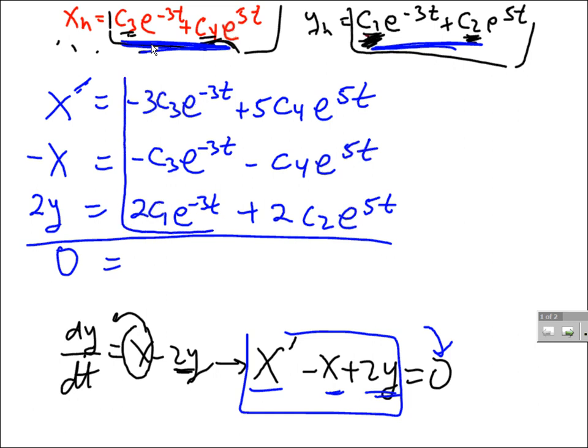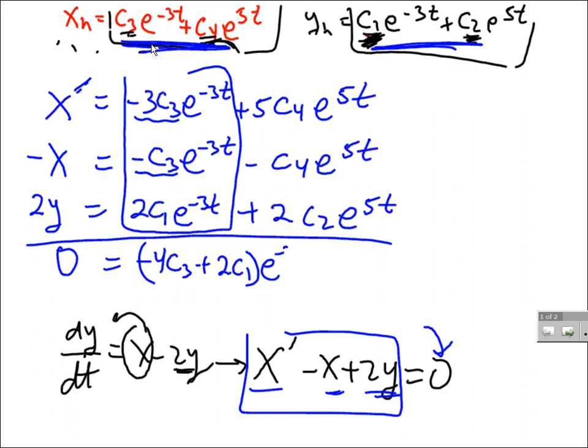Okay? Now, everything I did was real nice. That is, everything's lined up. Those are multiples of e to the negative 3t. I have negative 3 c3s, and I'm taking away another one. So that gives me negative 4 c3s, and I'm adding on 2 c1s. That is how many e to the negative 3t's I have.